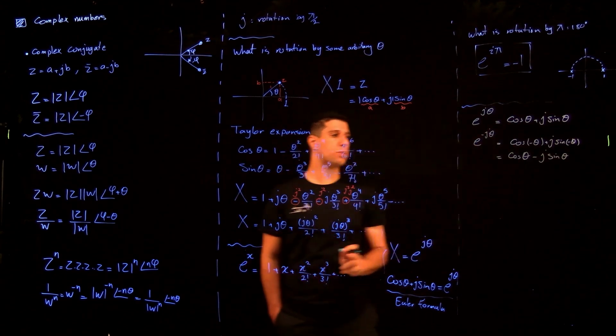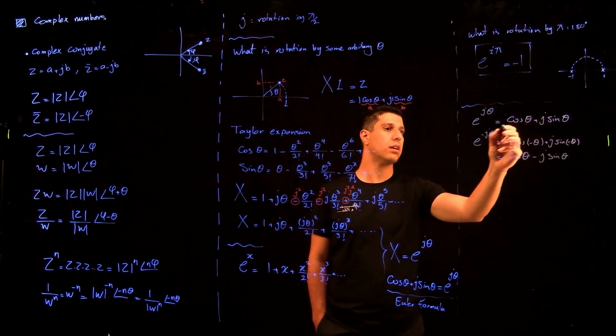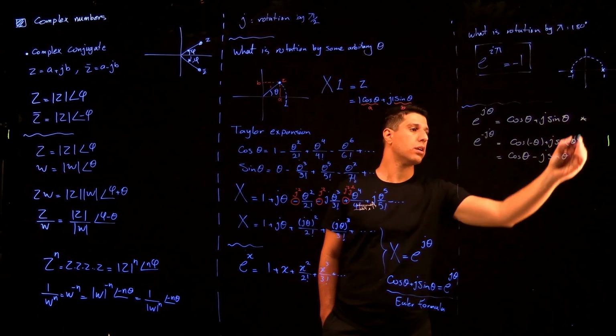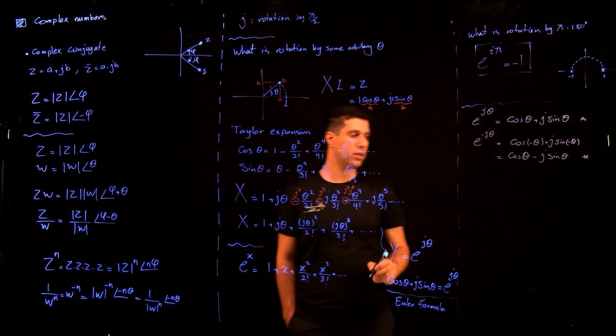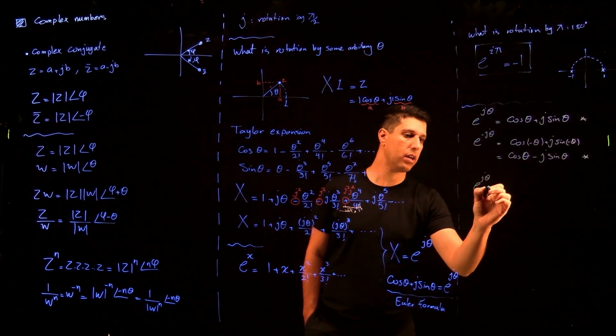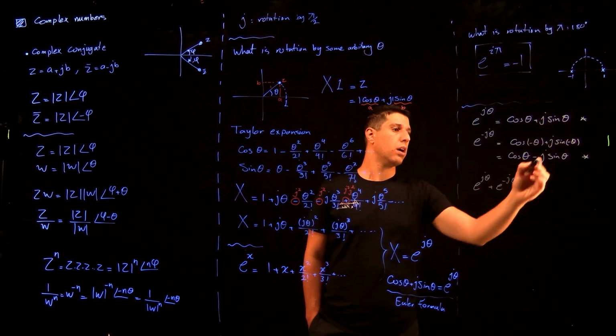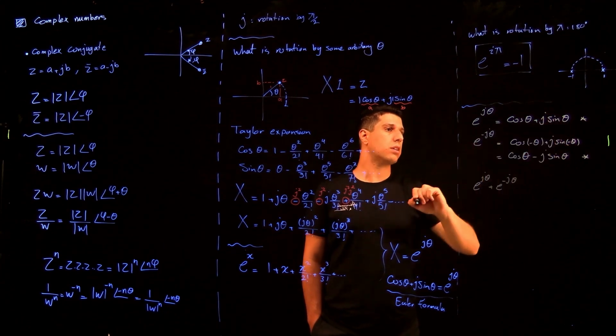Now I have two expressions involving sine and cosine. For instance, I can add this one and this one together. So e to the j theta plus e to the minus j theta. These signs cancel out.